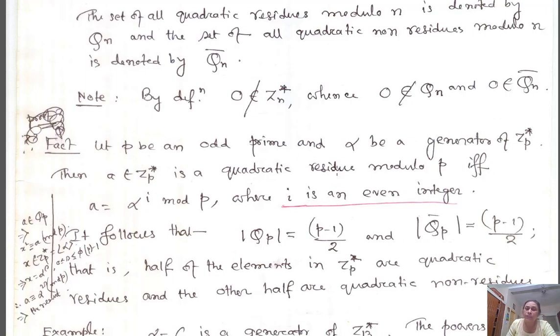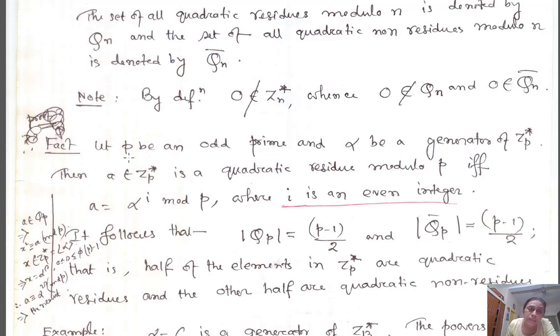Quadratic residue means A can be written as the square of some integer, so i must be even. It is an if and only if condition. You can take the proof of this as a small exercise.